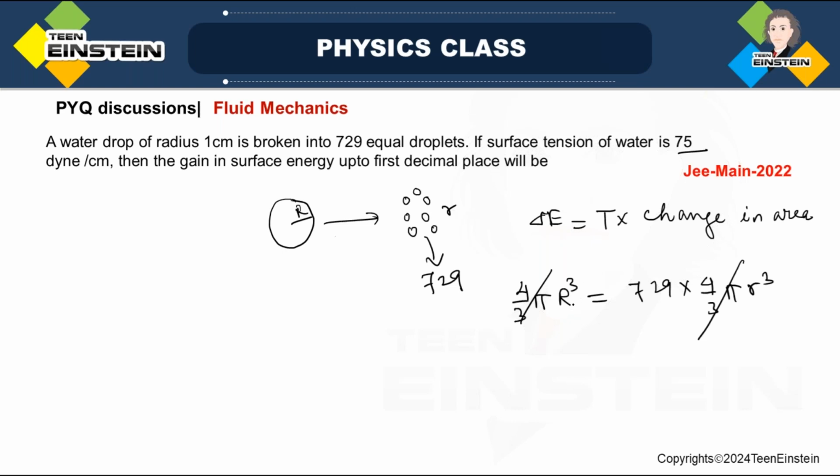And this capital R is 1 centimeter, right? So what will be the radius of each of these small droplets?